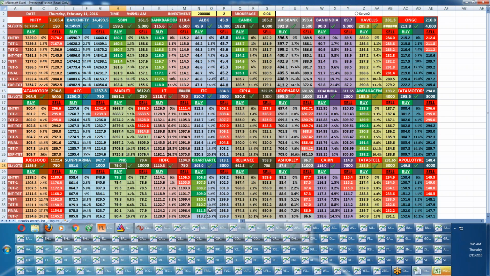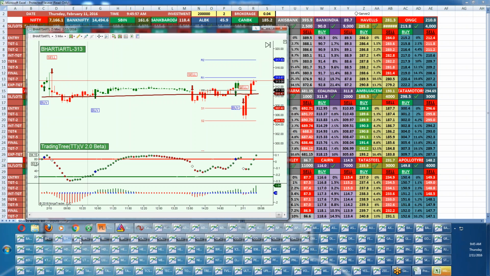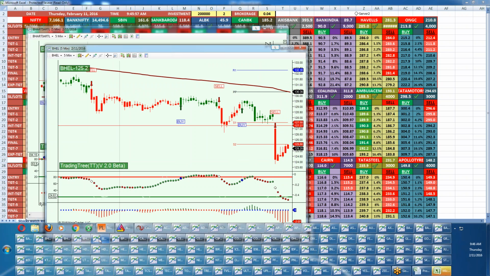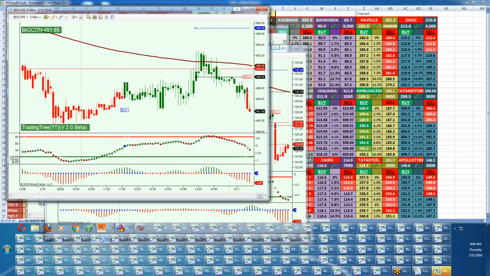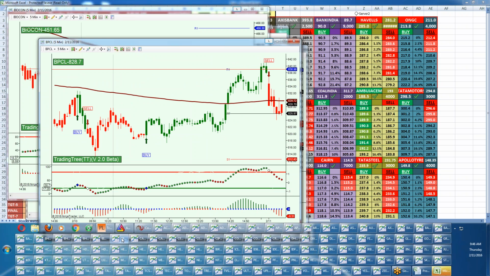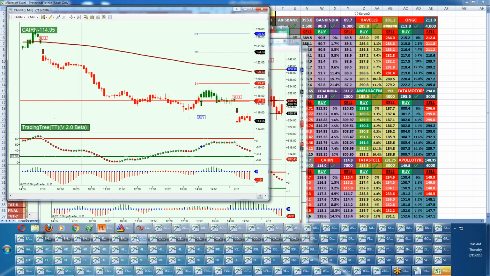So Bharti Airtel has done its target 7 also. Biocon is a sell. Same thing with BPCL. You can enter here, the sell. We already have a sell call in our cash tree.